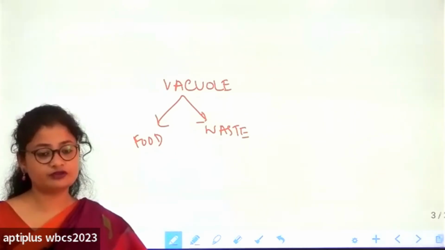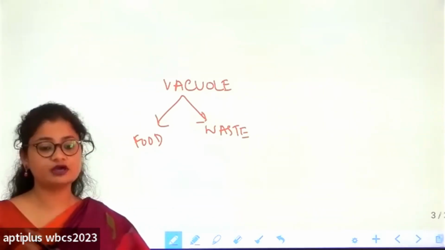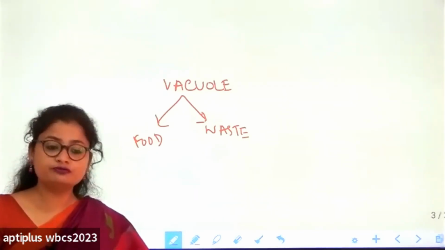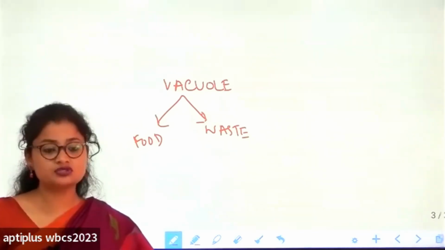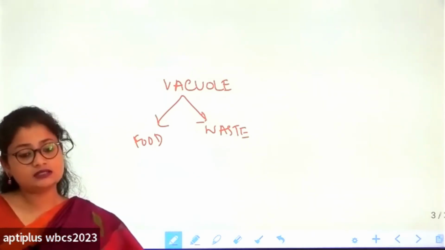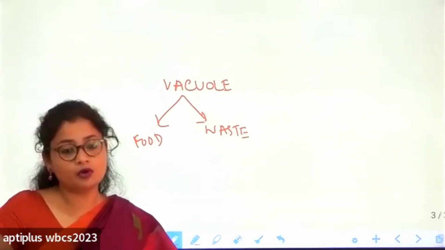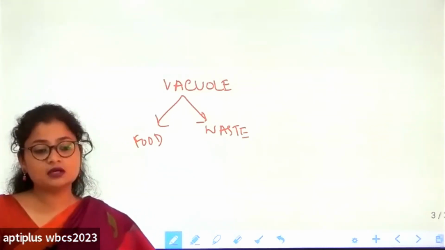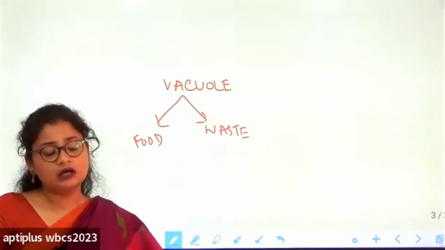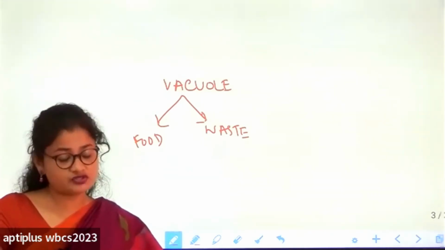After some period of time it will be excreted, either via urine or via the fecal matter. And whenever we are talking about food, that will also be temporarily stored, isn't it? When our body is under stress conditions, then that reserved food will be utilized by our body. Okay, so vacuole is again very important because it stores the important reserve food materials.